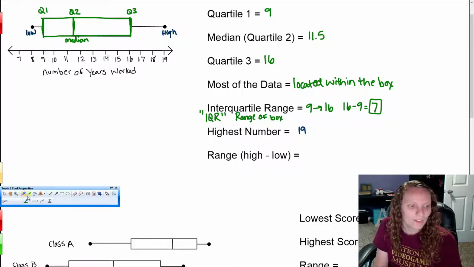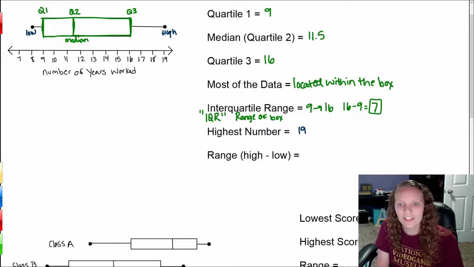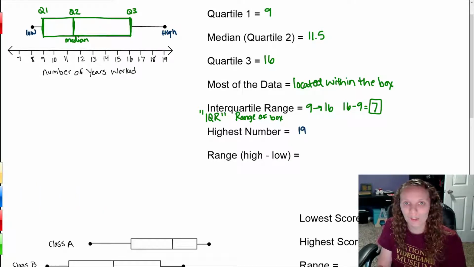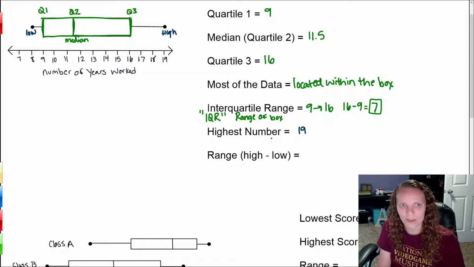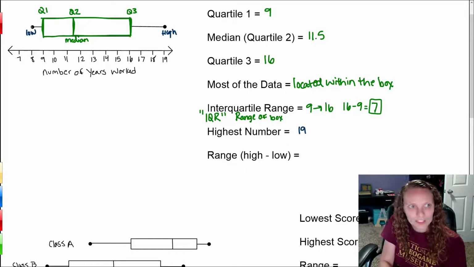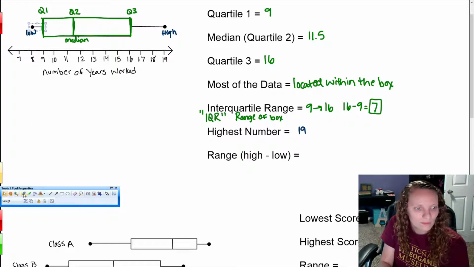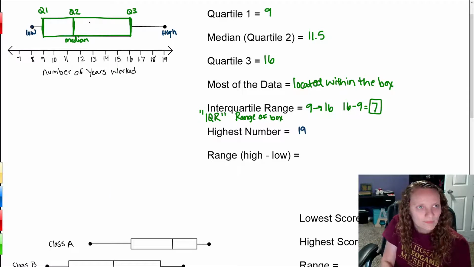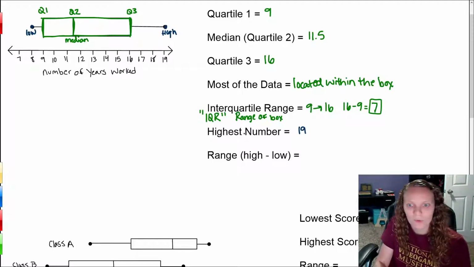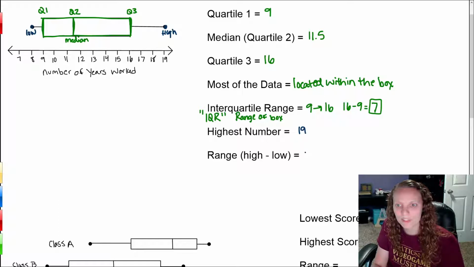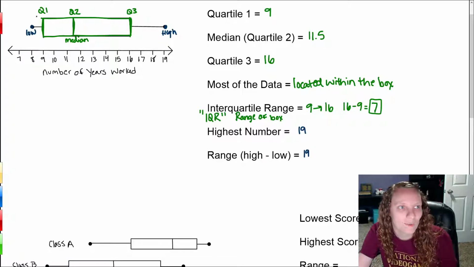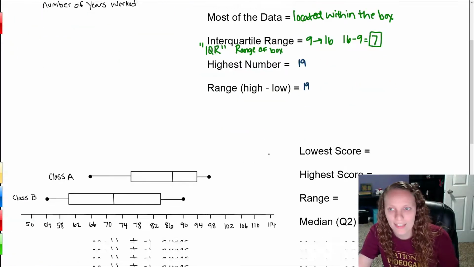Now we want to find the range of the whole entire picture. That's from the actual highest number down to the lowest number, and we would use these two dots that we've already labeled. Remember, the highest number we said was 19, and then we subtract the lowest number, which was 8.